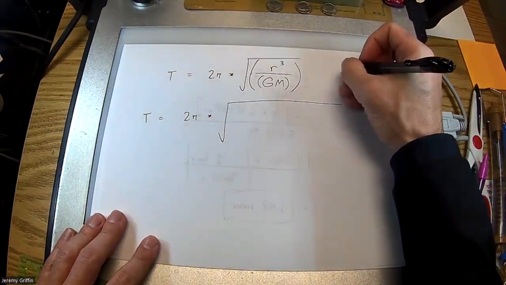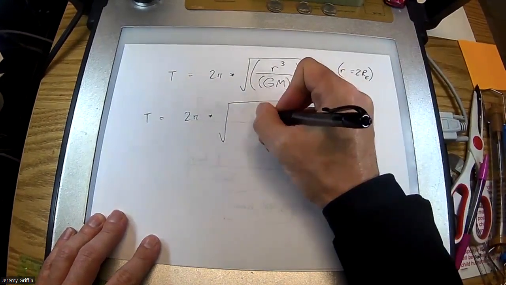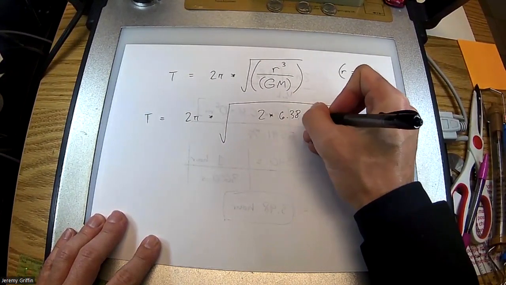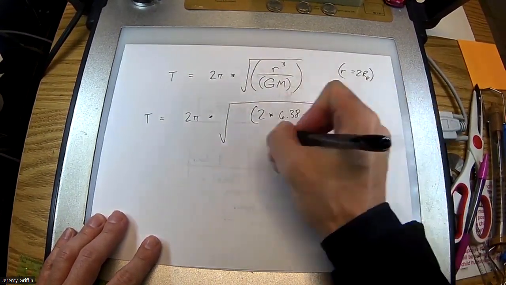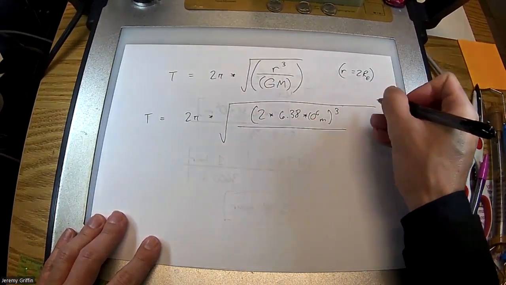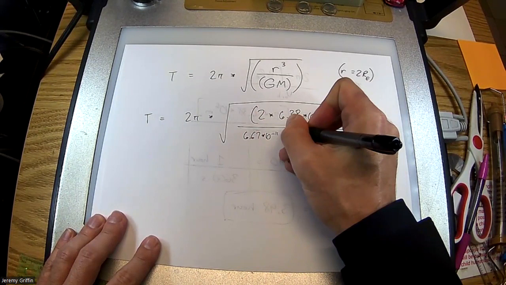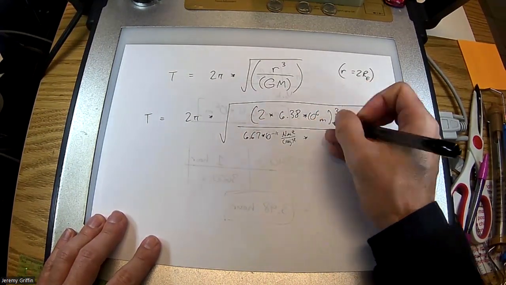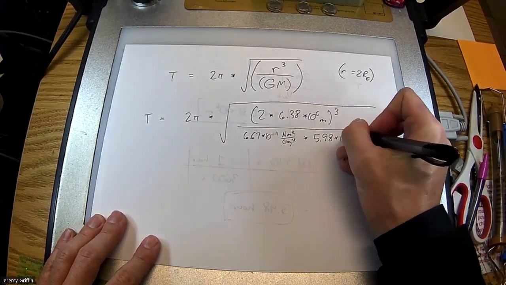And remember, this r is actually 2 times the radius of Earth. So 2 times 6.38 times 10 to the 6 meters, all being cubed, then divided by 6.67 times 10 to the negative 11 meters cubed per kilogram per second squared, and then the mass of Earth, I'm going to use 5.98 times 10 to the 24.